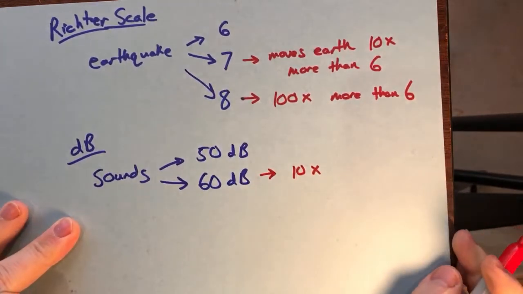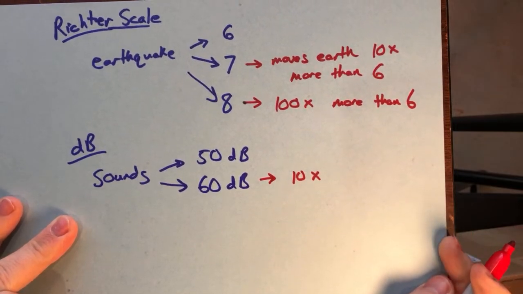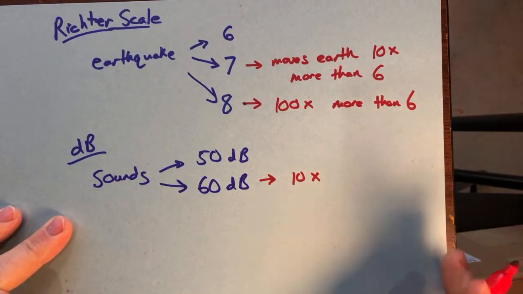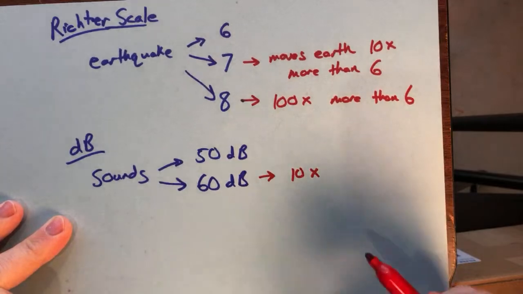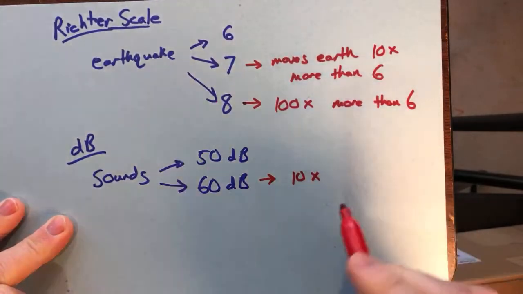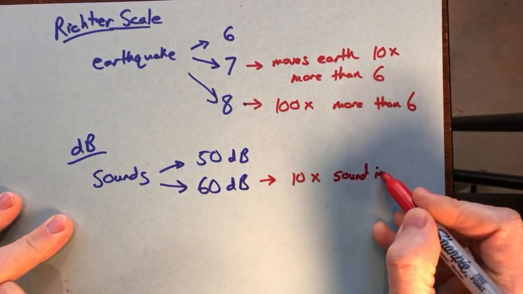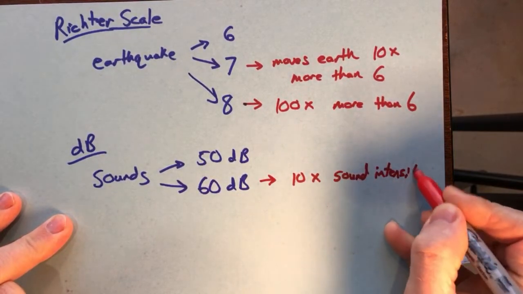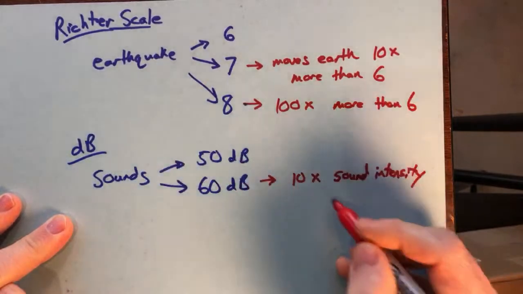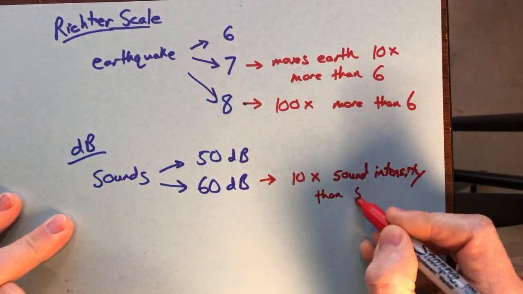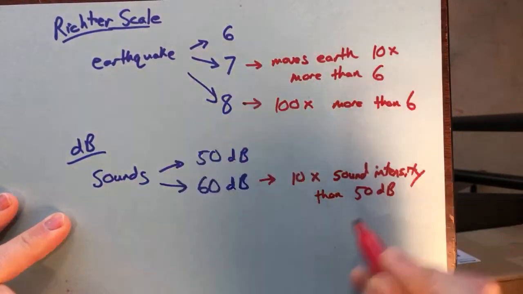It's not necessarily 10 times as loud, because actually your ears don't hear the intensity. Your ears might even be close to a logarithmic scale themselves, okay? But it's going to be 10 times the sound intensity or power than the 50 decibel one, okay?